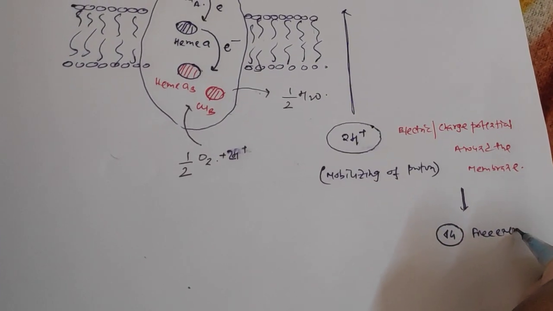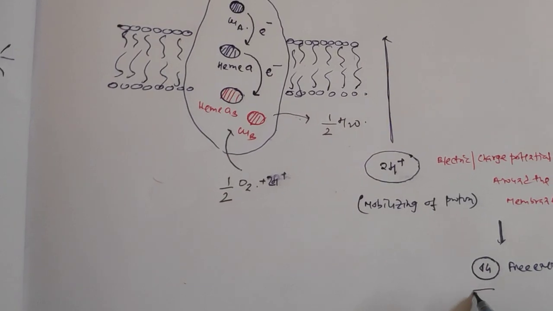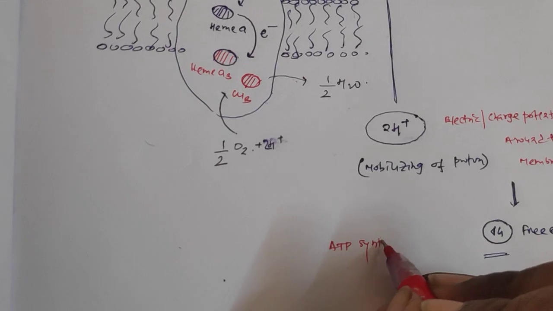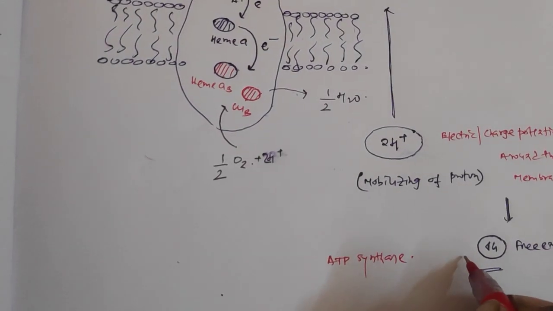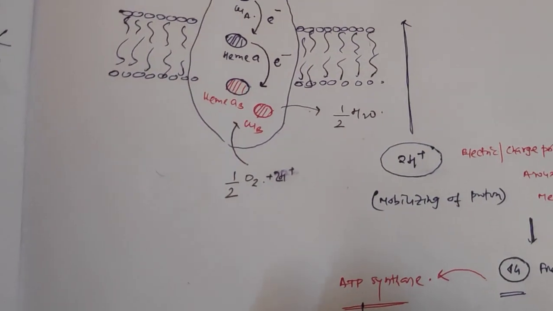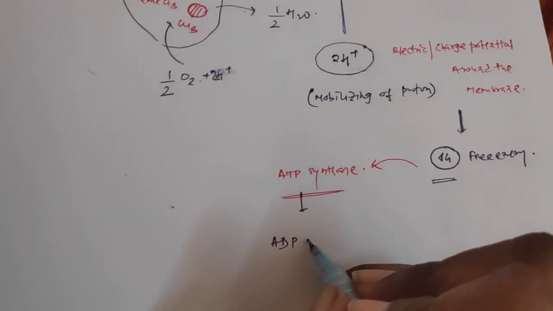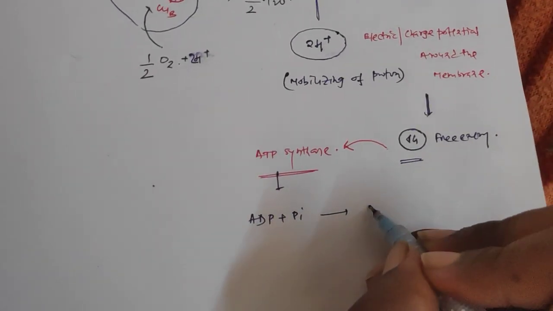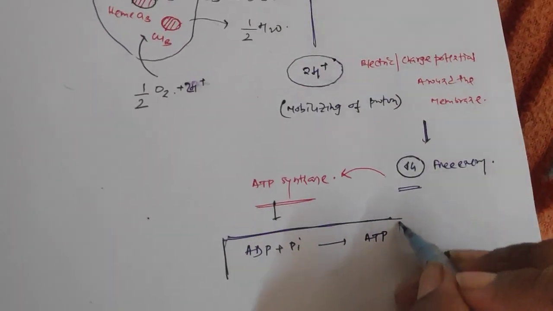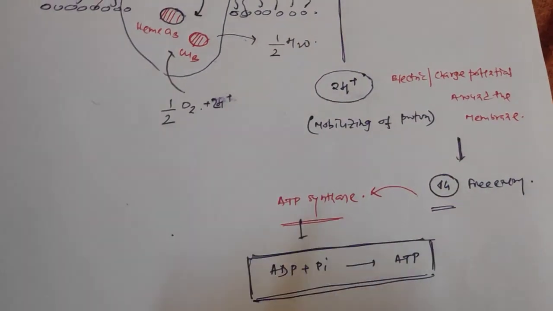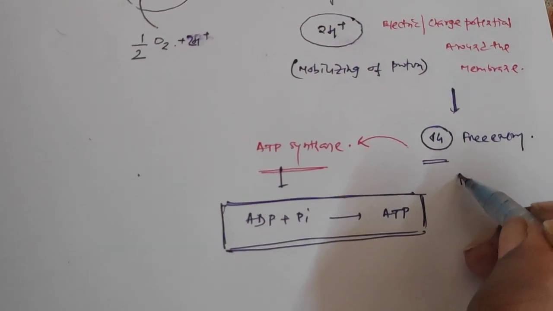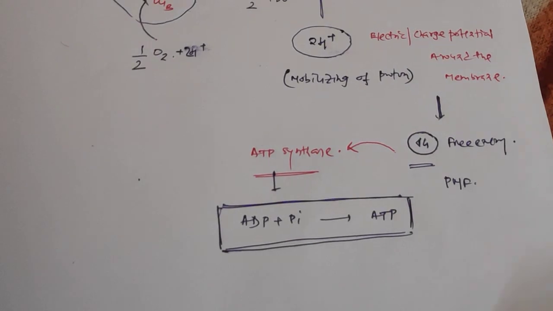Difference in free energy. And with that free energy itself there is an enzyme called ATP synthase, which utilizes that difference in free energy in order to convert ADP to ATP. So ADP plus Pi will get converted to ATP, and that free energy change which happens due to the mobilization of proton across the membrane is called PMF. That means proton motive force.